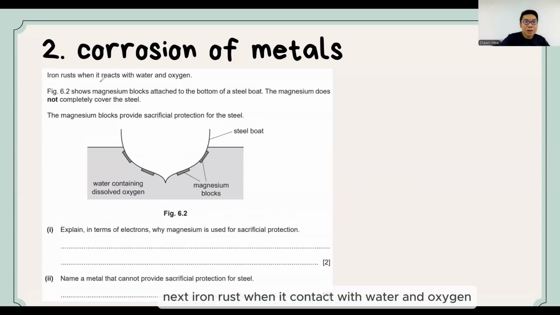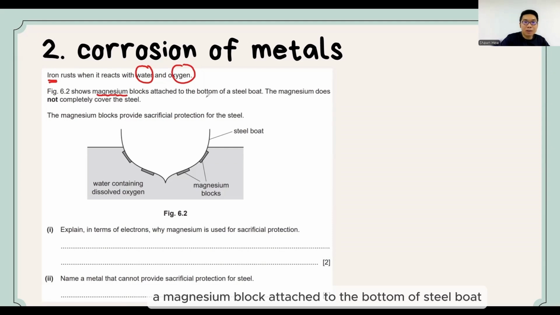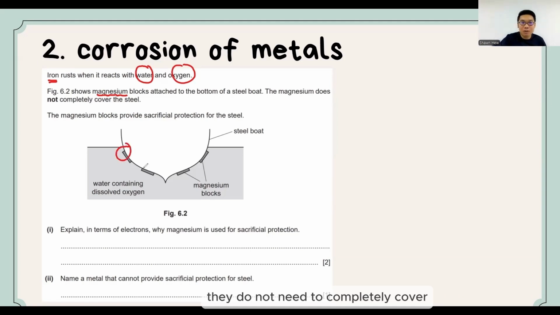Next, iron rusts when it contacts water and oxygen. A magnesium block is attached to the bottom of a steel boat. The magnesium does not completely cover it. They do not need to completely cover because they are more reactive. They will oxidize more readily. That's why even though they do not form a barrier layer, they can still protect iron and steel from rusting.